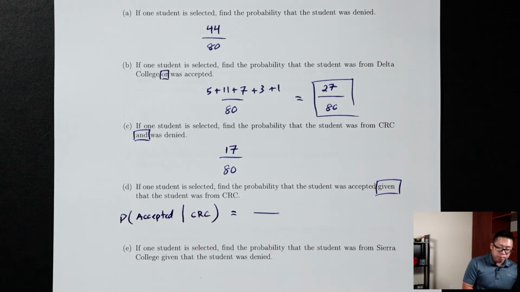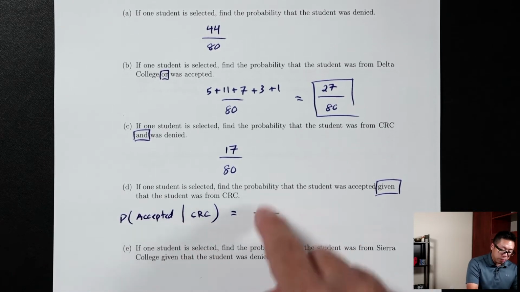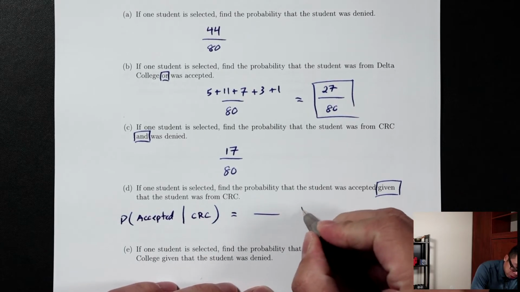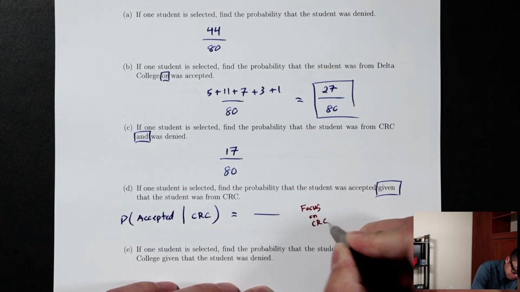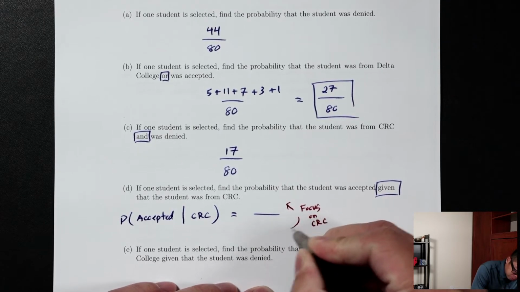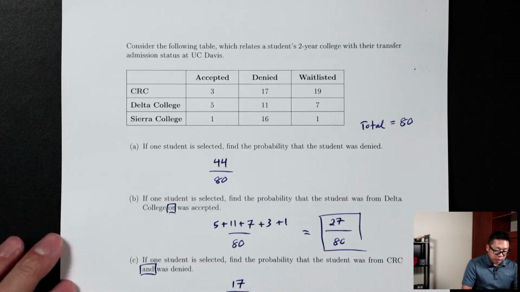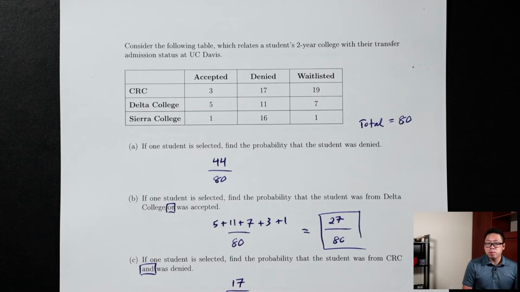Now, the given part is telling us that we should focus just on the CRC students for the top and the bottom of the fraction. In other words, ignore the rest of the table and just focus on the CRC row there.